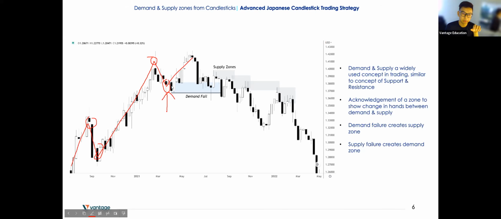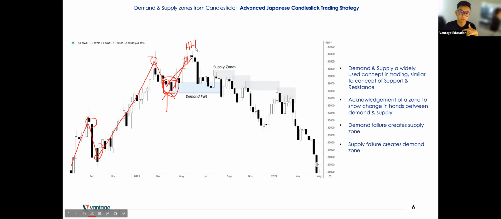And we can see that once it reaches this zone here, there was this push by buyers to a higher price point. So in technical terms, at this point in time, sellers were trying to push the price down, but was met with an equal or greater force of the buyers to push the price up to a higher high, right? So this is a higher high.